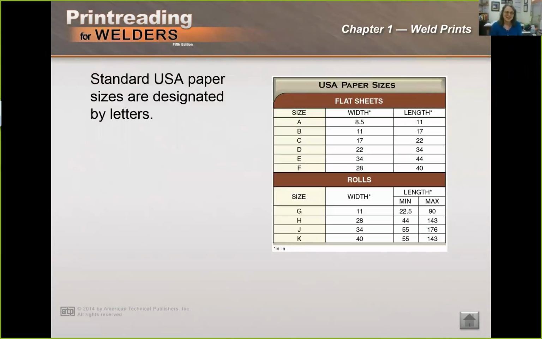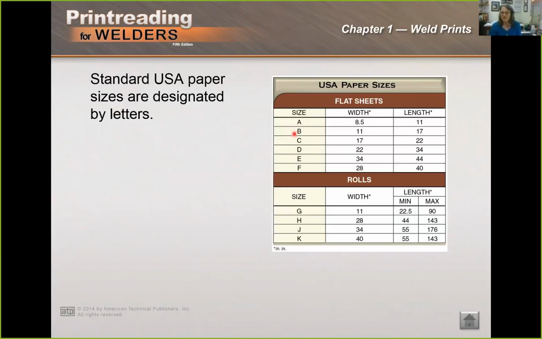Like many things in industry, paper sizes are standardized. We talk about paper sizes in the US as A, B, C, D, E, and F, G, H, J, and K. If somebody says, I want D-size prints, they want 22-inch by 34-inch prints.